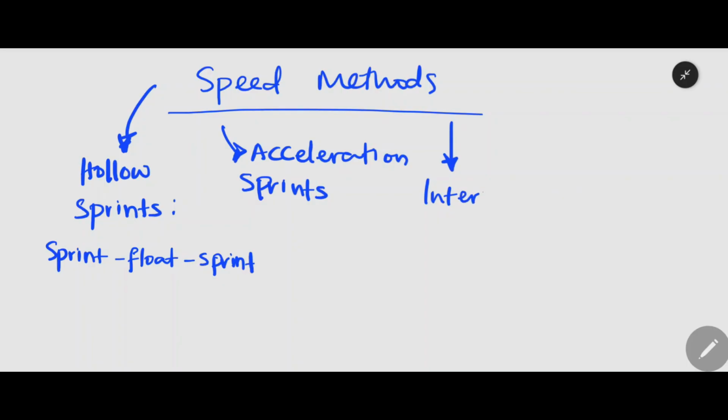And then we have intervals, which is where you have timed sprints followed by recovery. And lastly, we have resistance drills. So these are things like sprinting up a hill, sprinting while pushing a sled, sprinting while being held back by a parachute, and things like that.